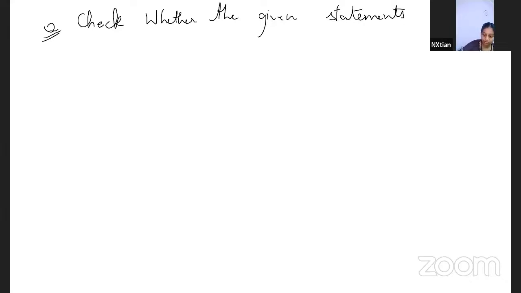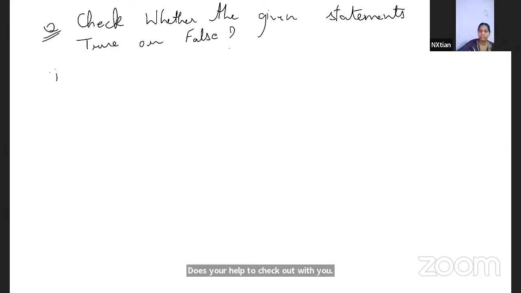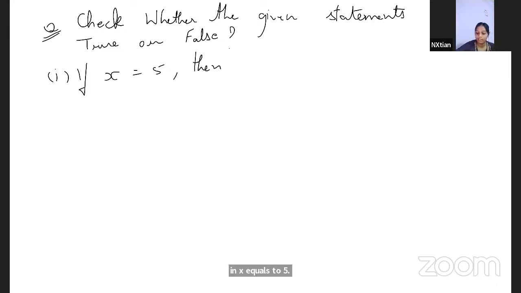True or false? This you have to check out, okay? What are the statements? First one is if x equals 5, then 5x minus 5 equals 12.